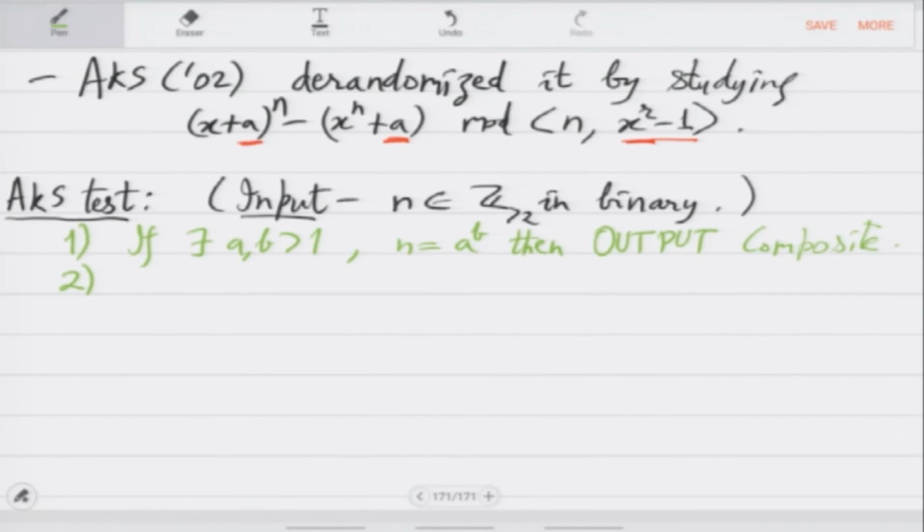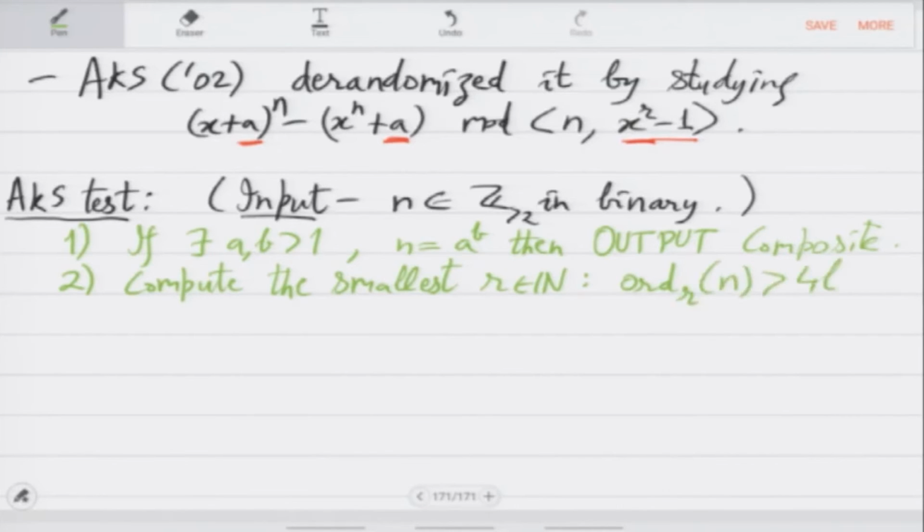Otherwise, the motivation for this second step will be clear later. It basically fixes the r, what r to use. Compute the smallest r such that the multiplicative order of n mod r is large. It's around quadratic.